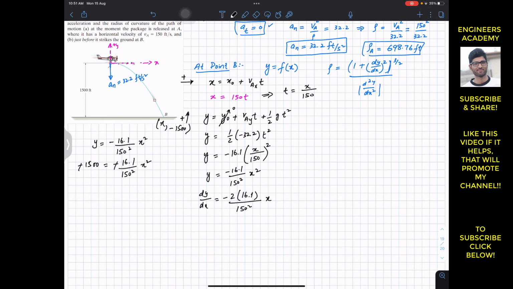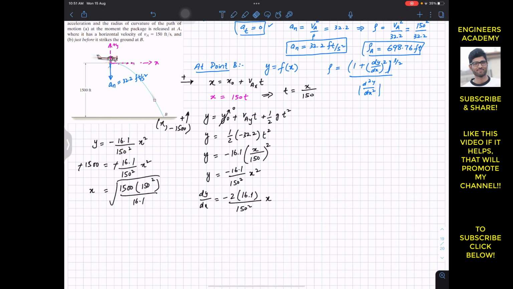So now from this we can find x square. This is x square is equal to 1500 into 150 square divided by 16.1, and if we take the square root, we will be able to find the x coordinate.